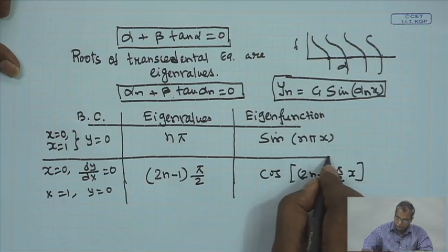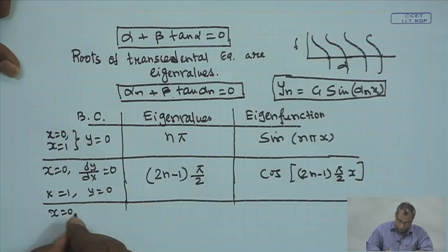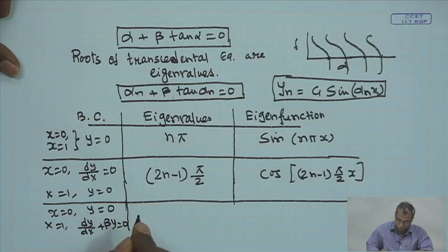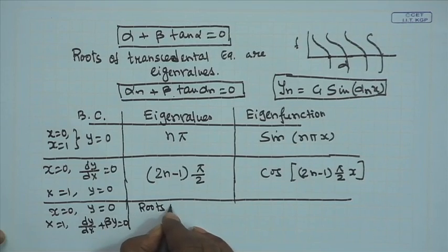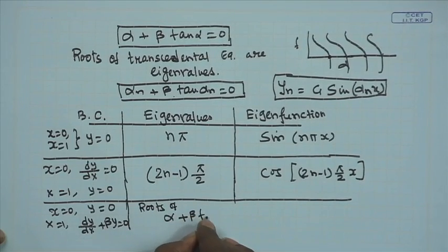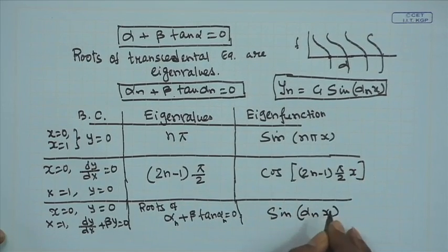are the eigenfunctions. In case the boundary condition at x equal to 0 is y equal to 0 and at x equal to 1 we have a mixed boundary condition dy dx plus beta y equal to 0, the eigenvalues will be the roots of the transcendental equation alpha plus beta tan alpha is equal to 0, alpha n basically the nth eigenvalue, and the corresponding eigenfunctions are sin alpha n x, where alpha n's are the roots evaluated from this transcendental equation.